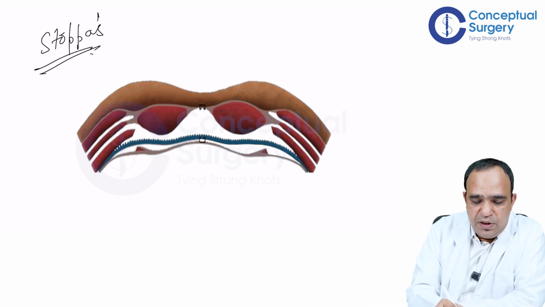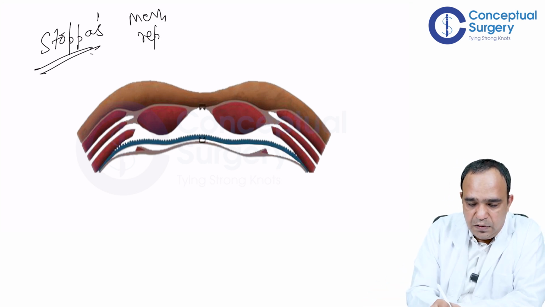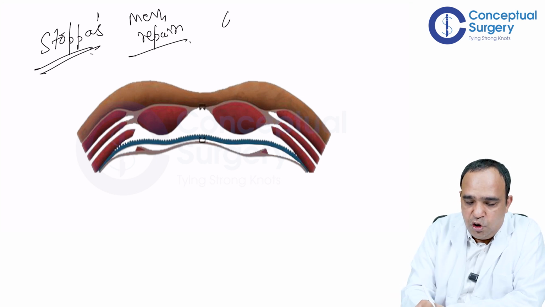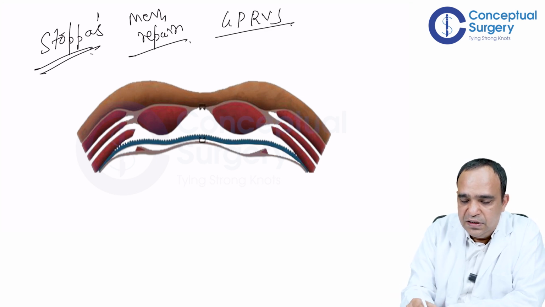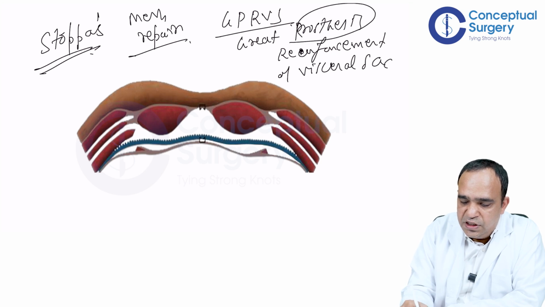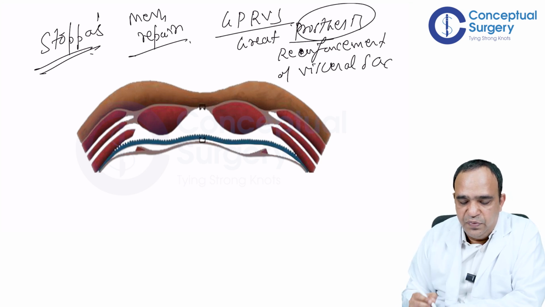Stoppa's was a mesh repair, also called GPRVS, Giant Prosthetic Reinforcement of the Visceral Sac. Prosthesis, so it's a mesh repair.